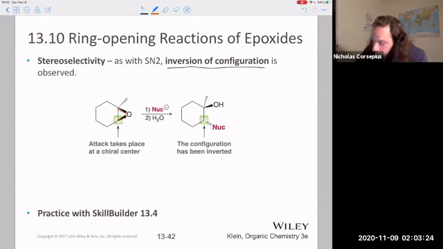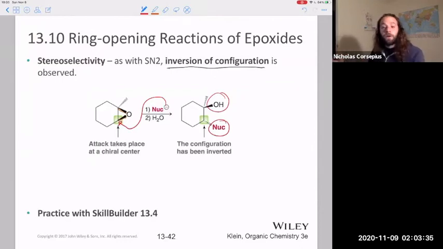Well, when that nucleophile attacks, it's going to attack from the backside. So now my alcohol group and my new functional group, whatever that nucleophile is, are going to be on opposite sides of one another. Again, this just goes back to SN2 and the stereoselectivity of SN2 reactions. There's always that inversion in stereochemistry that we see.